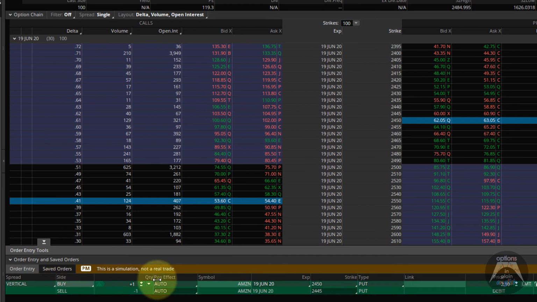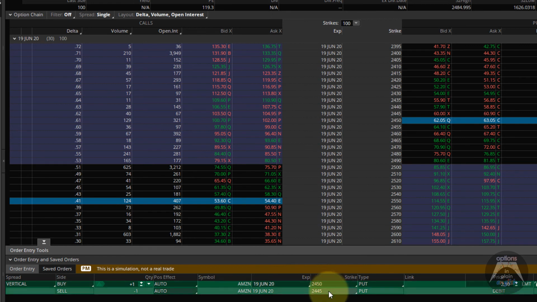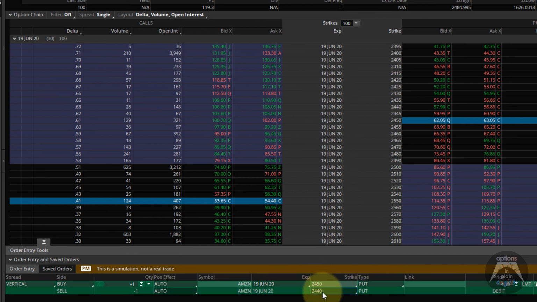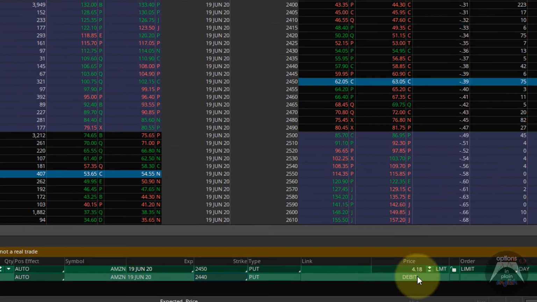So we have a vertical spread that we're buying. One, June 2020, 2450/2445. I'm going to make it $10 wide in this case. So 2450/2440. So we have something similar to the one we did for the call. 2450/2440, the put, trading for 4.18.